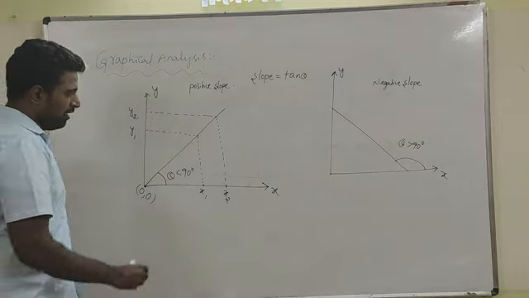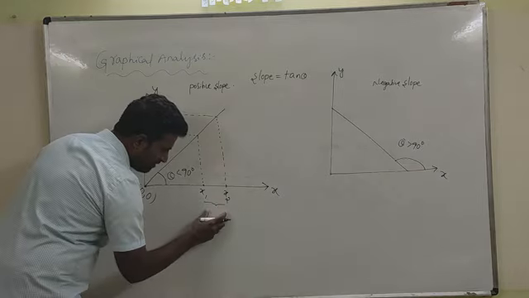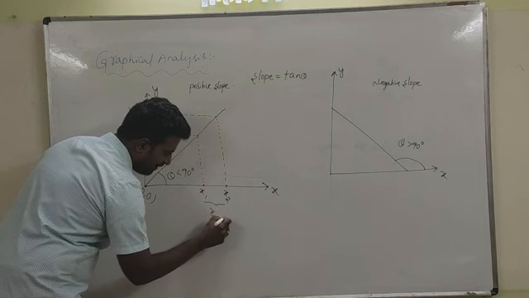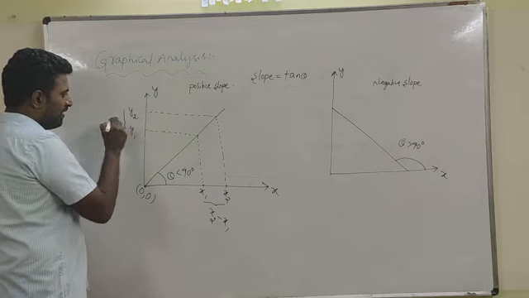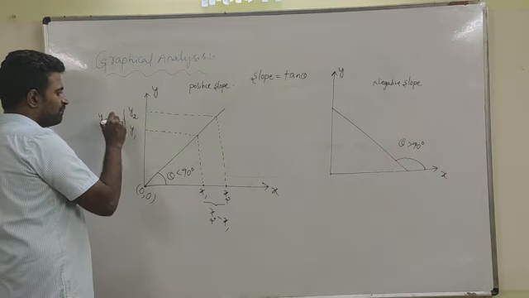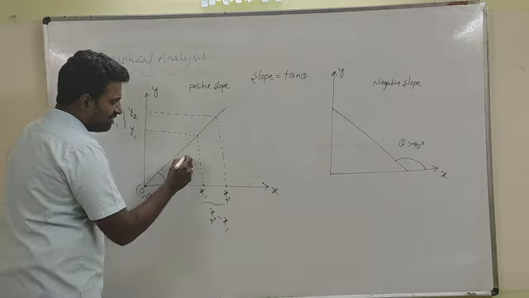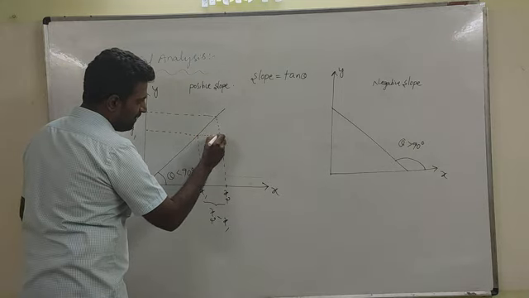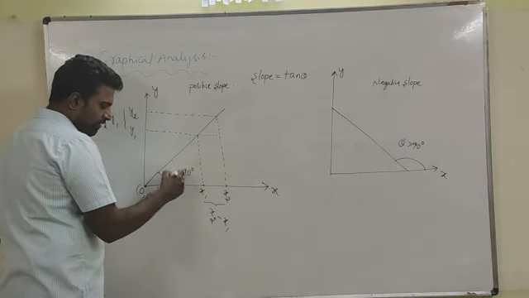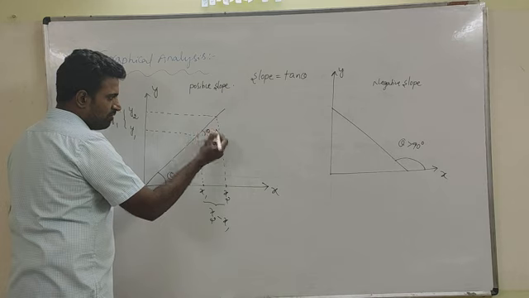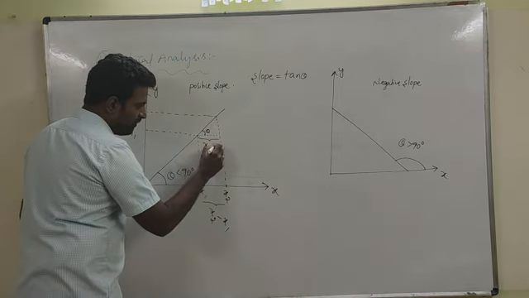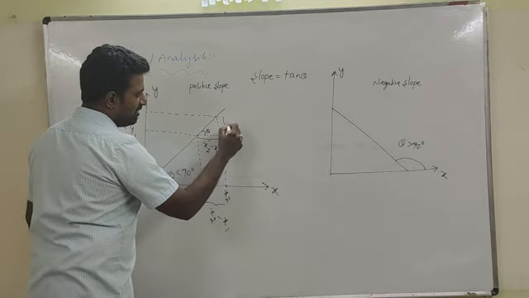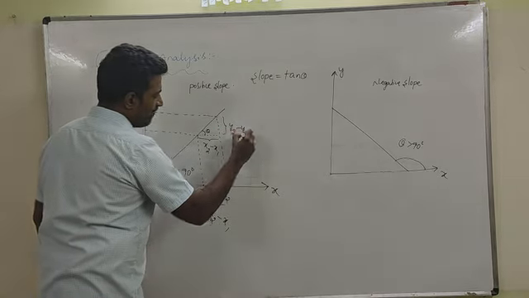Is it okay? This length will be x2 minus x1, and this length will be y2 minus y1. If this angle is theta, if I draw a horizontal line here, this is also theta.